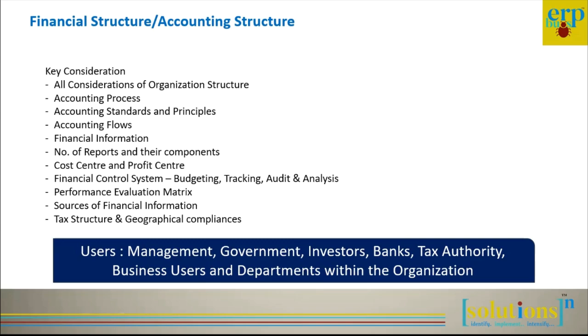Accounting flow: how the accounting will flow from different transactions that are happening through different functions, like you have sold a product, you have bought something for the organization. How the accounting will flow from the different elements or resources of your enterprise structure to your financial structure.